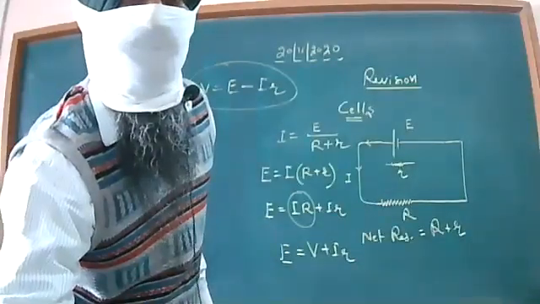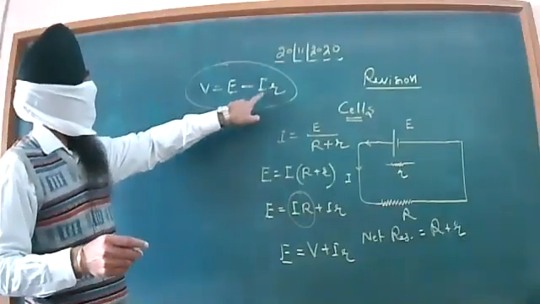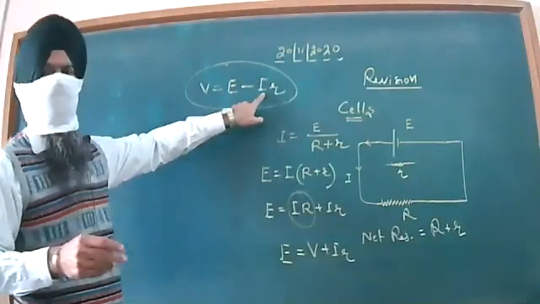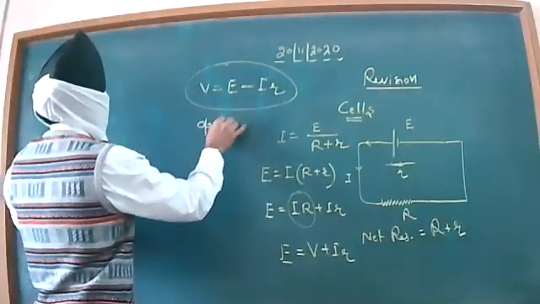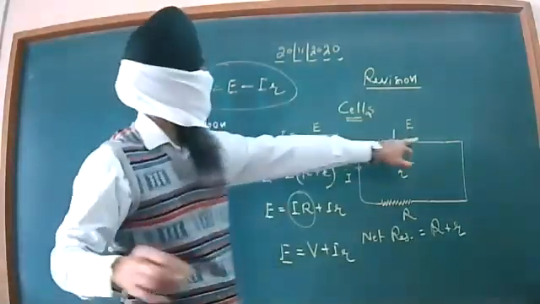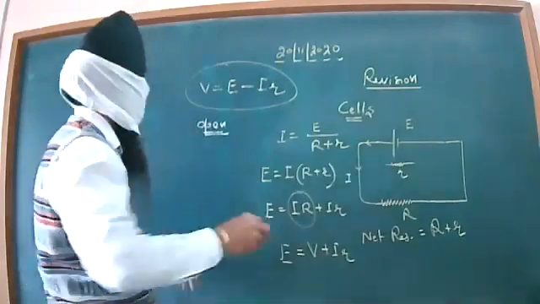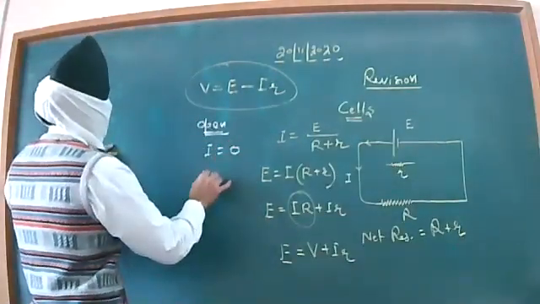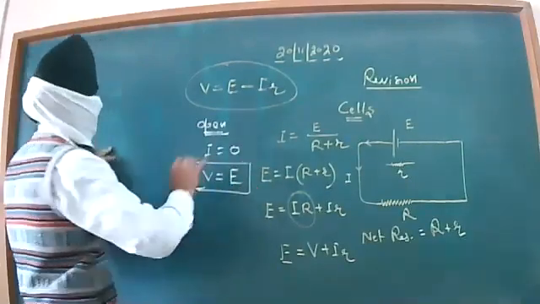Because in this expression, when I substitute the current equal to 0, meaning if my circuit is an open circuit, suppose I do not allow the electric current to pass through this circuit, then obviously I will become zero and your potential difference will be equal to the EMF.